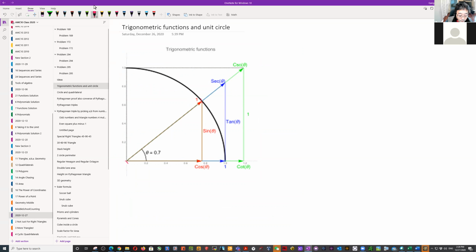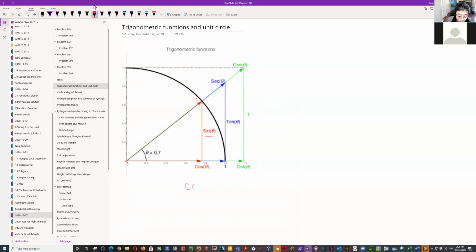If you have a theta, for example 0.7 radian, sine theta is the opposite and cosine theta is the adjacent. Those form a right triangle.